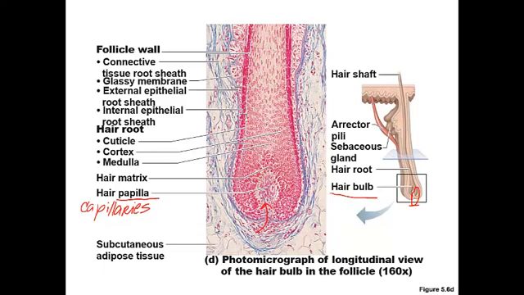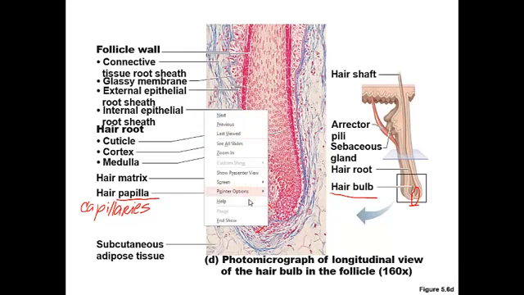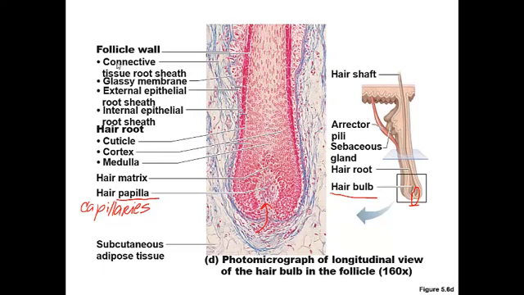It's similar to the dermal papillae that are underlying the epidermal regions, which we would see in other parts of the skin. Now the wall of the hair follicle itself is composed of an outer peripheral connective tissue sheath. This is shown on this slide.